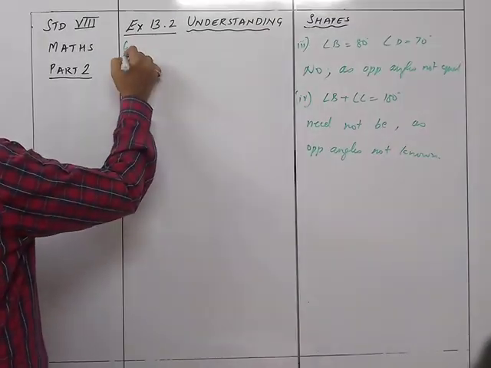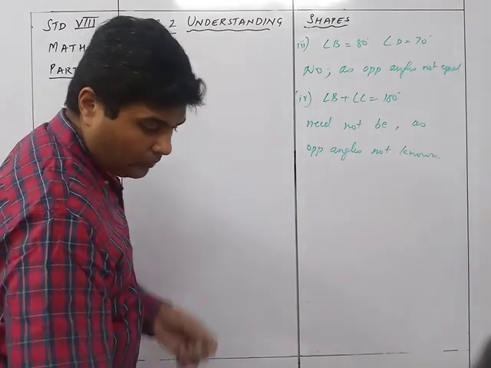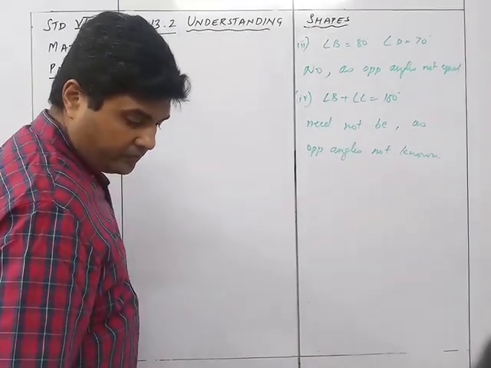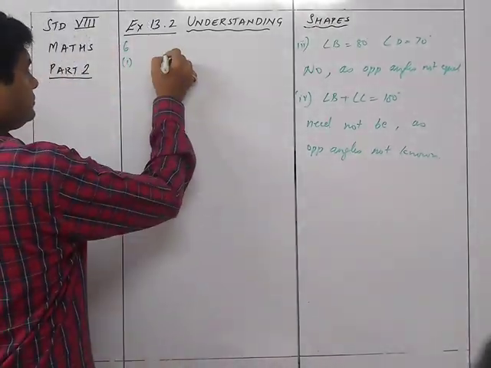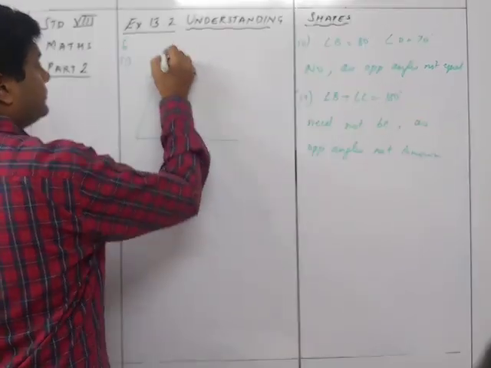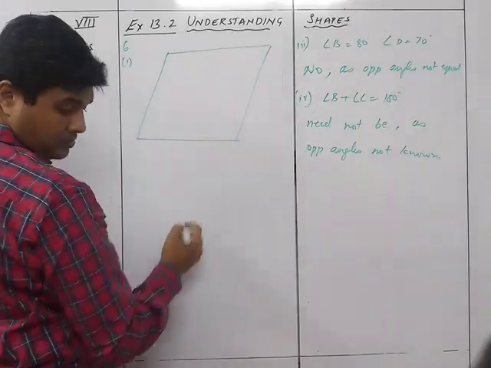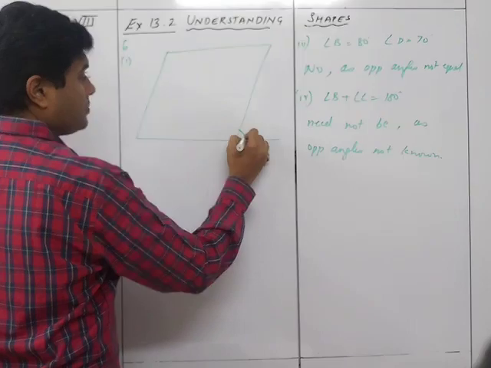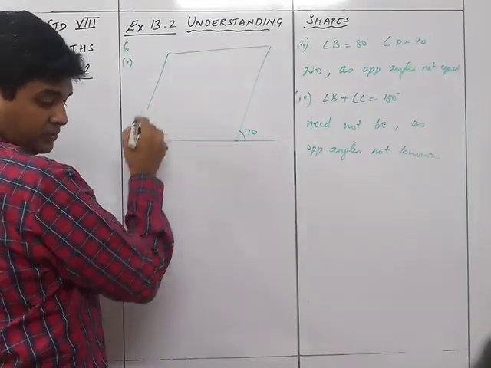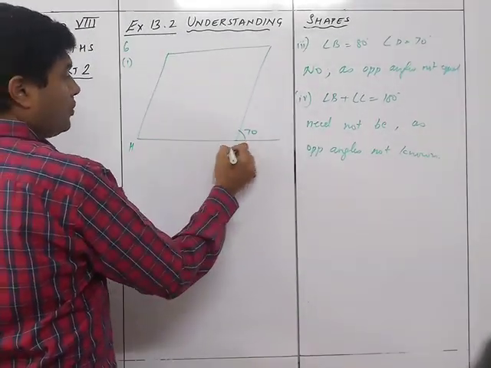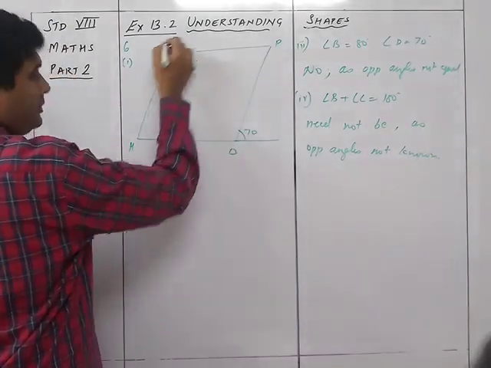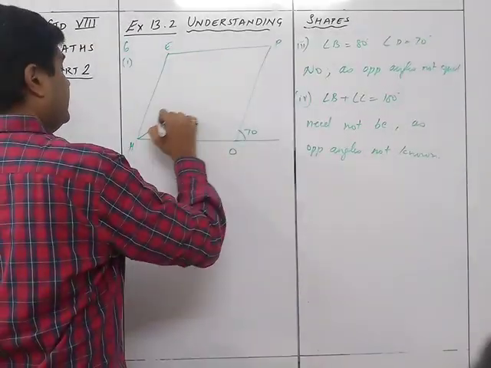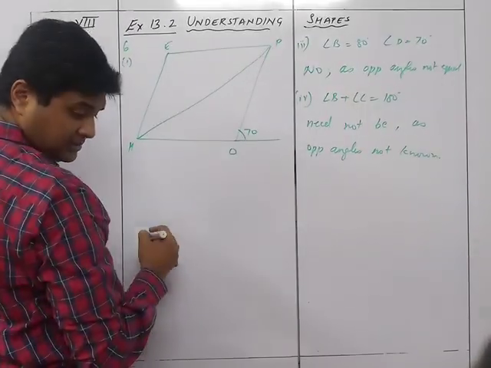Sum number 6, the first one, similar to the earlier one. So that is HOPE, and like this.